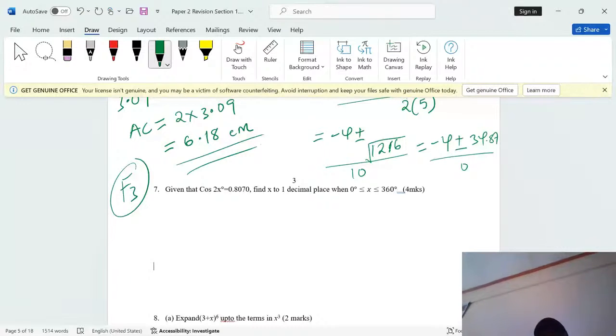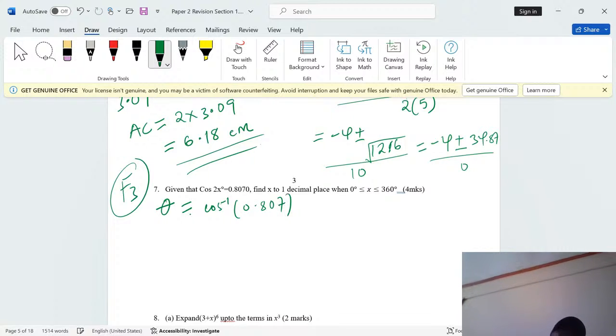Even those who will be following the lesson later, let them know that we first of all are supposed to get the value of theta, a certain acute angle which should be gotten by the cos inverse of 0.807. And this acute angle is 36.2 degrees to 1 decimal place.